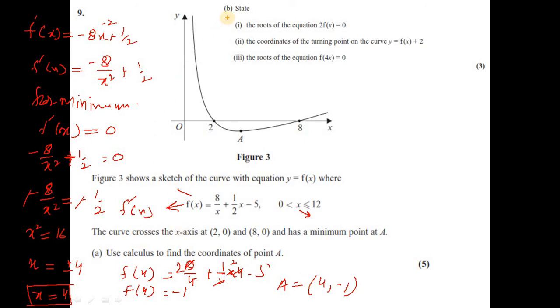Part B, state the roots of the equation 2 f of x. Okay, this 2 f of x is a transformation situation, and you know that if a function is being multiplied by some number, the graph is stretched along the y-axis.